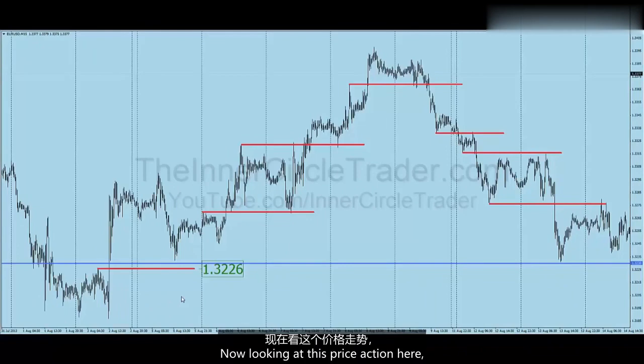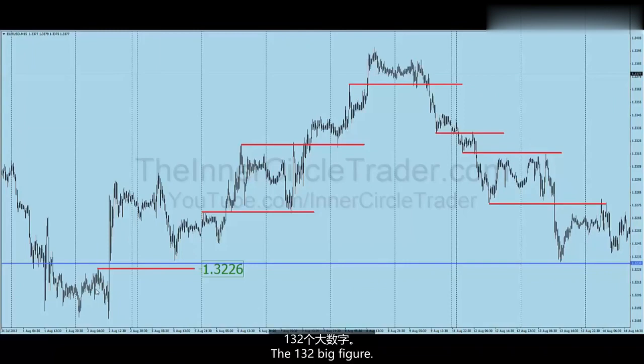So now looking at this price action here, okay, we have this short-term high here. Okay, we have these swing lows in here. Okay, so what in this block of price, what level in here is being worked? Any idea?